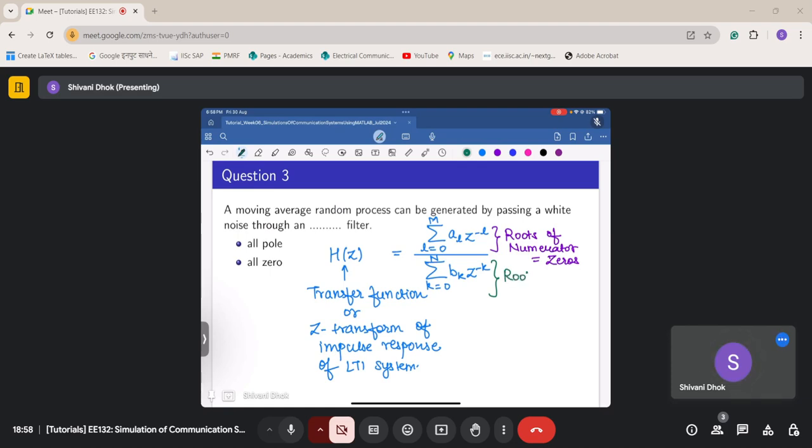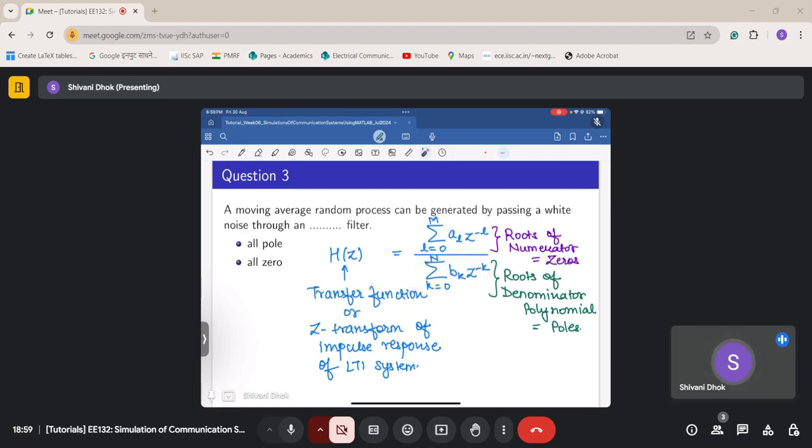Similarly, the roots of the denominator polynomial are known as poles. So if you substitute z equal to one of the roots, let's say z1 is a pole of this particular transfer function, then if you look at the value of H of z1, it will be infinity because your denominator will be 0.